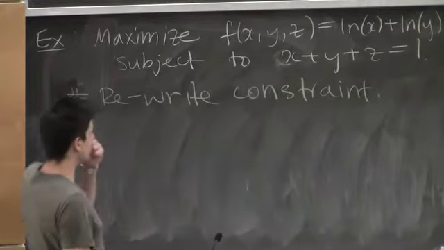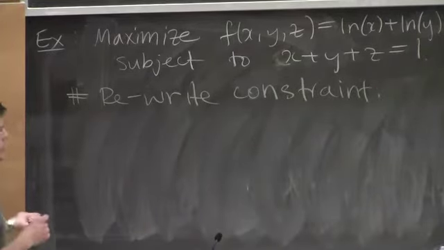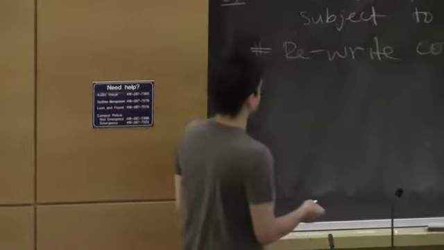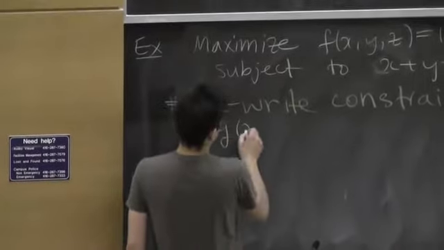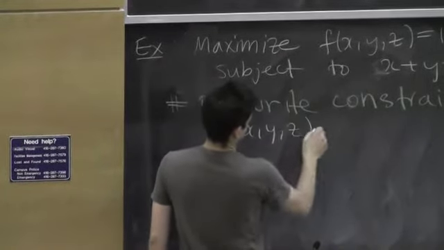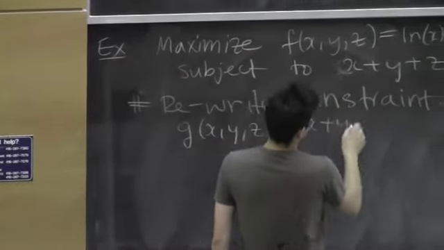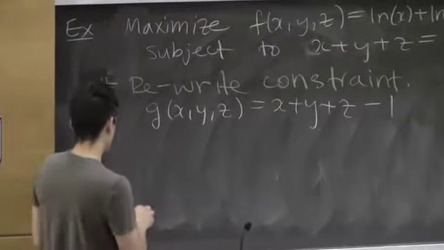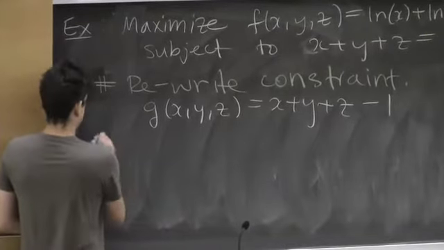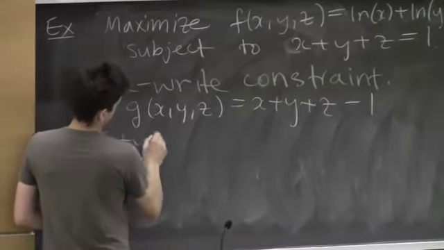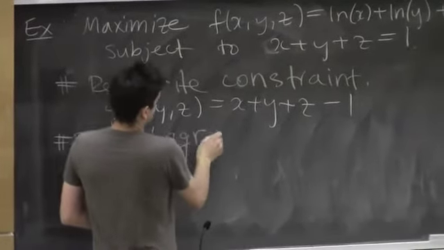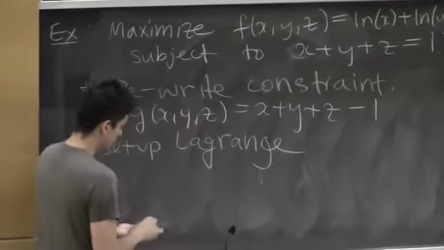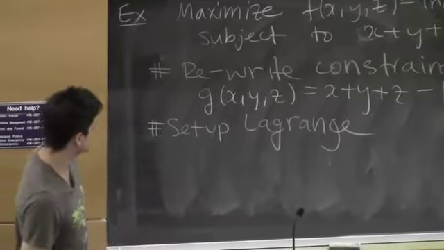The reason for rewriting the constraint is so that it becomes a natural part of our critical point calculation. Okay, good. Now we'll set up our Lagrange function.